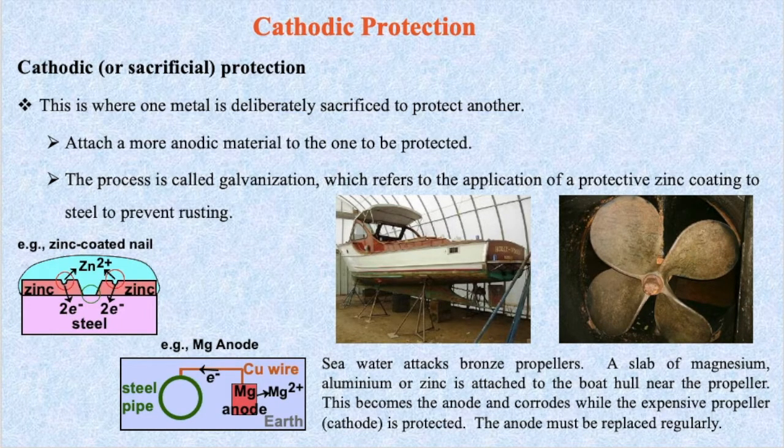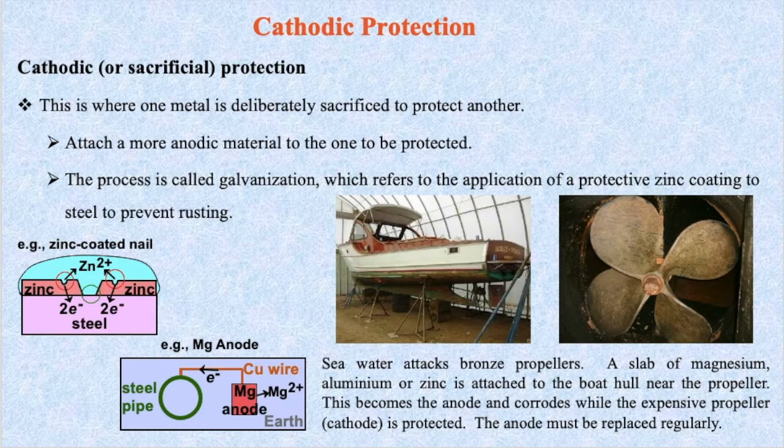Remember, we said between the two metals involved, the anodic one, the anode, will be the one that corrodes. So if this is a cathodic protection, what it means is you sacrifice a specific metal to protect the one that is important to you, which in this case will be a cathode. So this is done through a process called galvanization, which refers to the application of zinc coating onto steel, for instance.